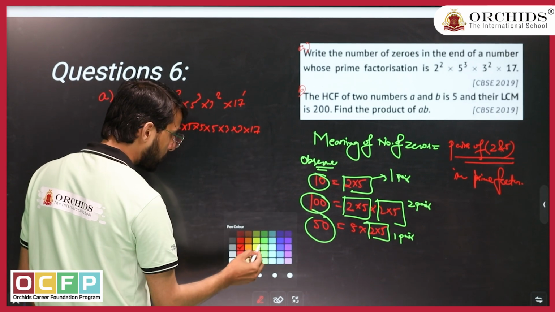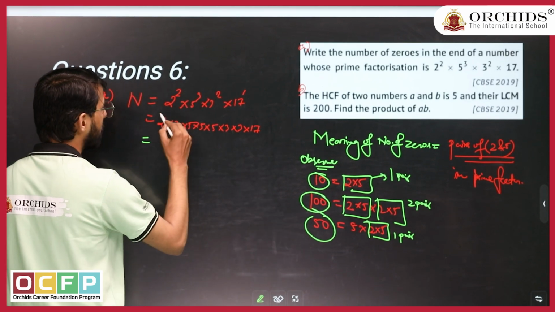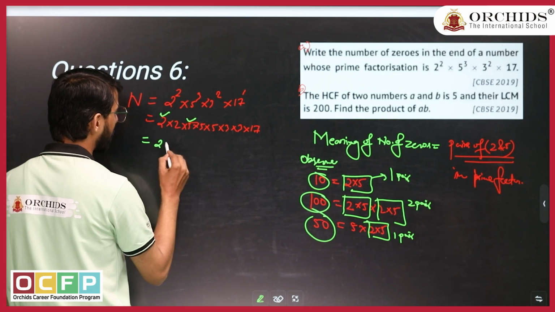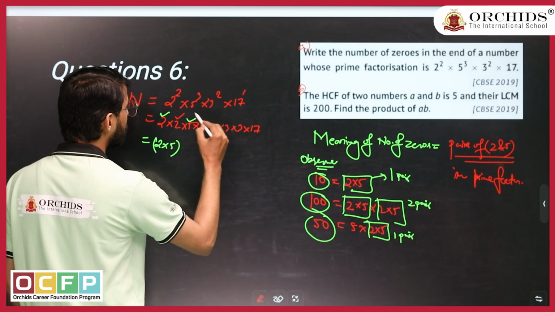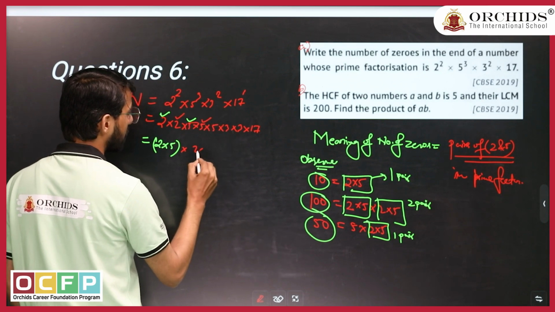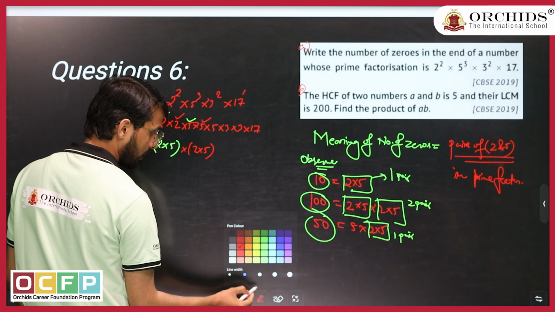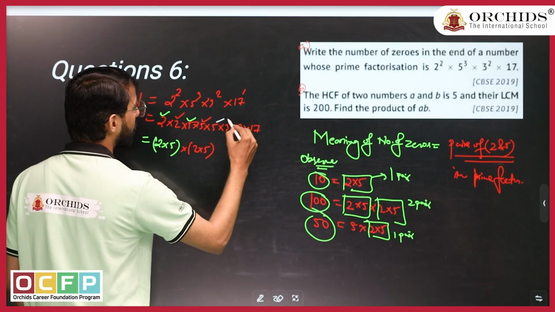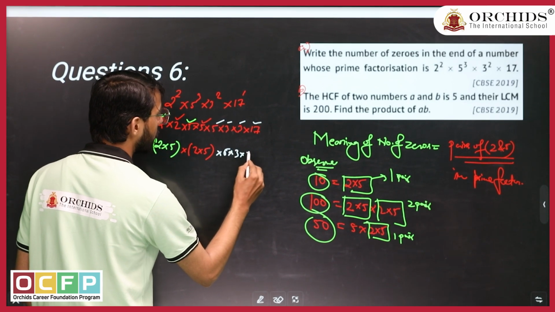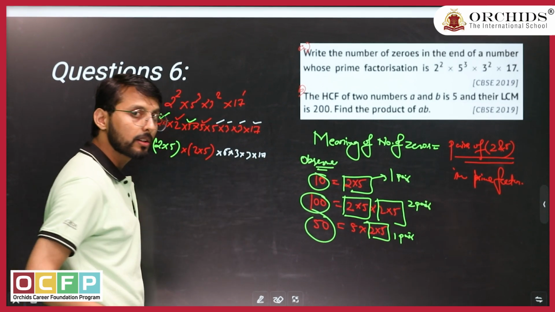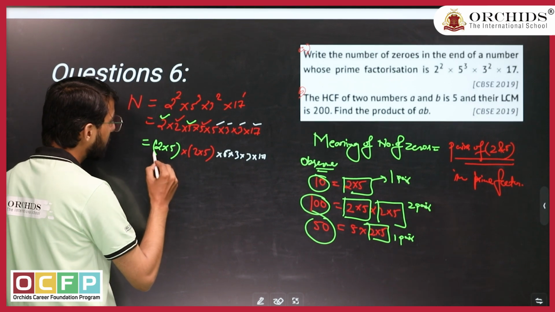Now, how many pairs of 2 and 5 can I write together? This 2 and this 5 I can write in a pair. Second, this 2 and second 5 can I write in a pair? Now the remaining 5, 3, 3, 17, there is no such 2 which will help them to make zeros. So how many pairs am I getting?